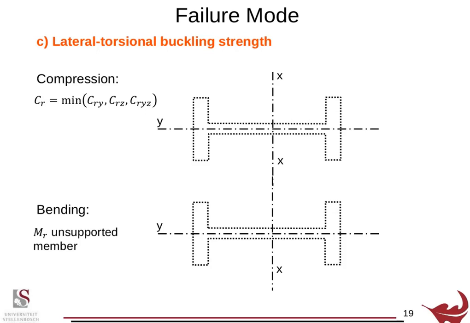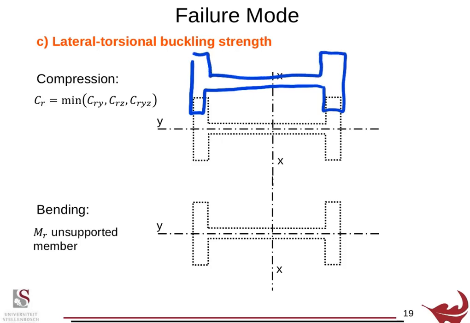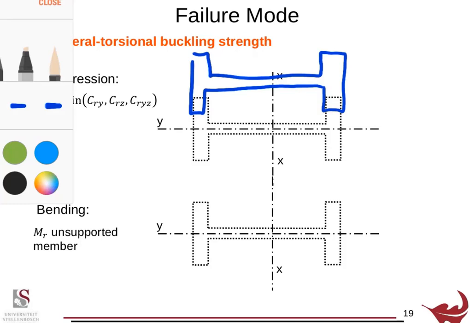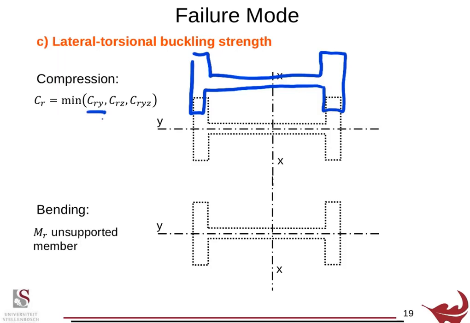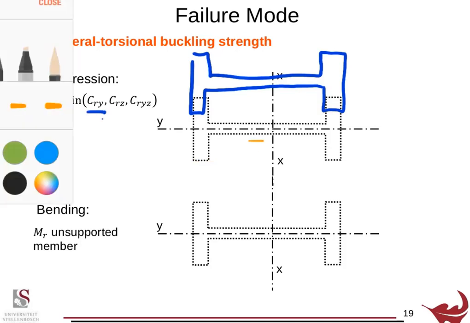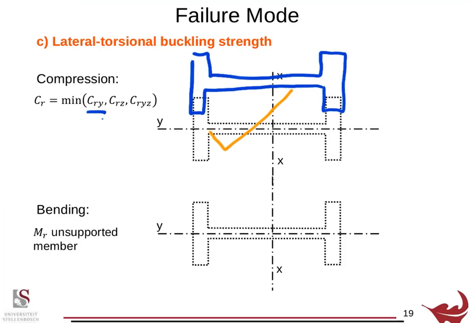So we are now checking the minimum compression failure of CRY. Remember, CRY is buckling about Y, so it looks like that. We have got a CRZ, which is a torsion failure. So that would be something like that. It is a torsional failure. It is a twisting failure.